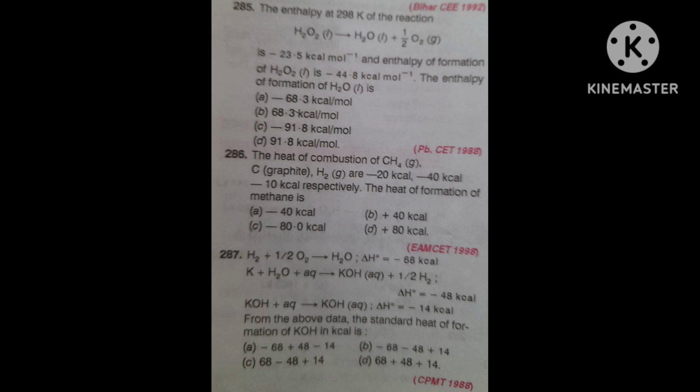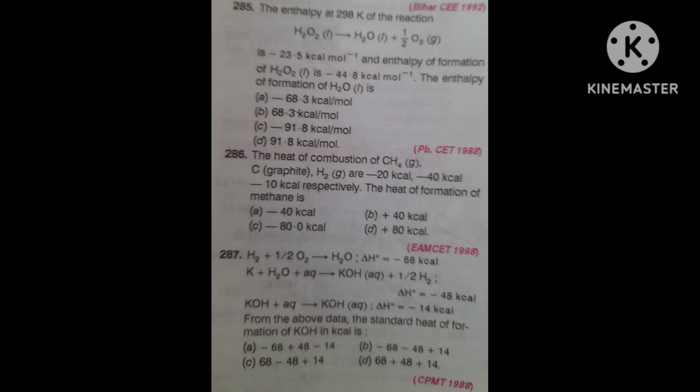Then 2 into equation third. Equation third value is delta H equal to minus 10. The second equation is given, C plus O2 gives CO2, minus 40 kilocalorie. That also you have to consider.